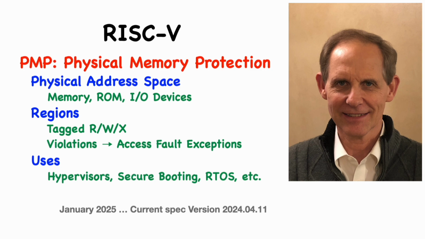It could restrict each operating system to certain areas to make sure they don't interact with each other. The physical memory system might also be used to implement secure booting, real-time operating systems, and other security infrastructure. Okay, with that introduction, let's get going.